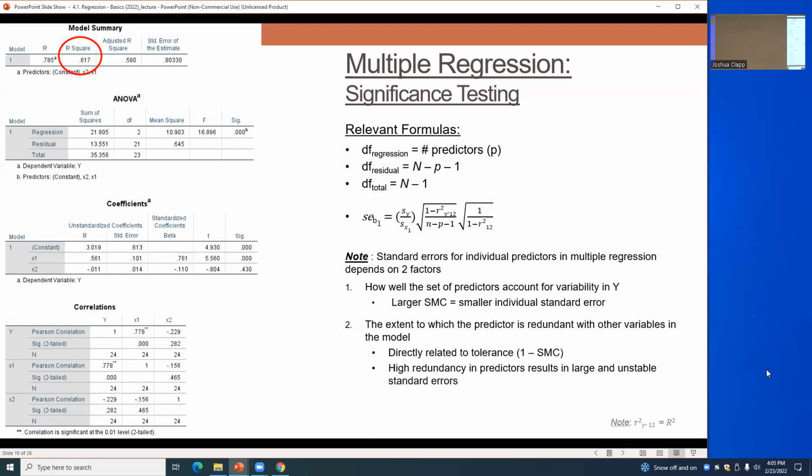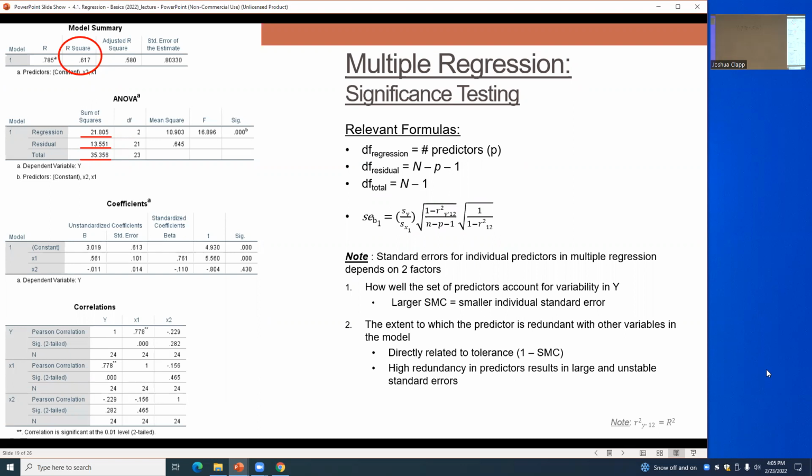That's accounting for everything. My ANOVA table is still the same. Sum of squares total is still the total variability in my outcome. Sum of squares regression still reflects the deviation of my predicted values from the mean of Y. My residual is still the sum of the squared deviations of my observed values for Y minus the predicted values of Y, right?